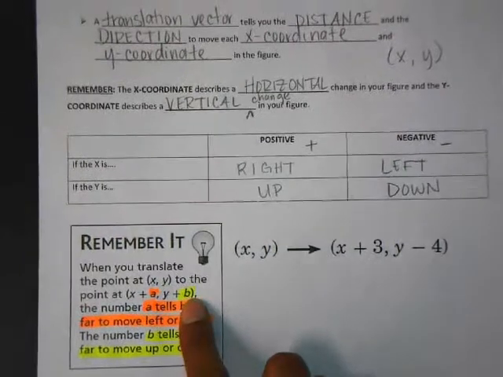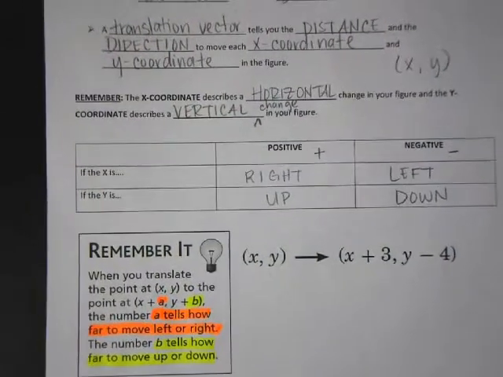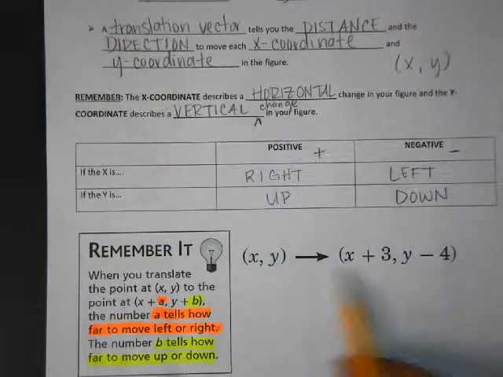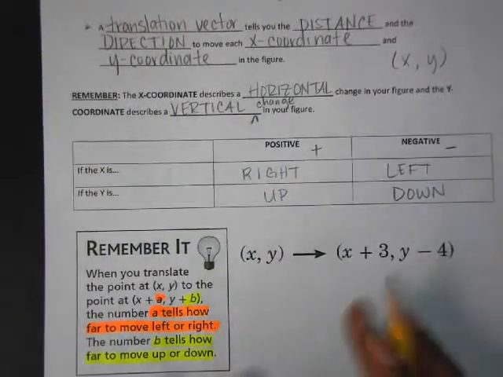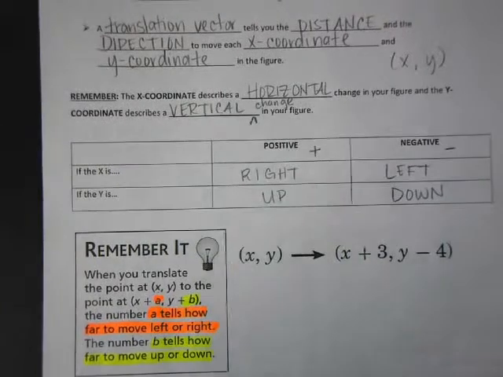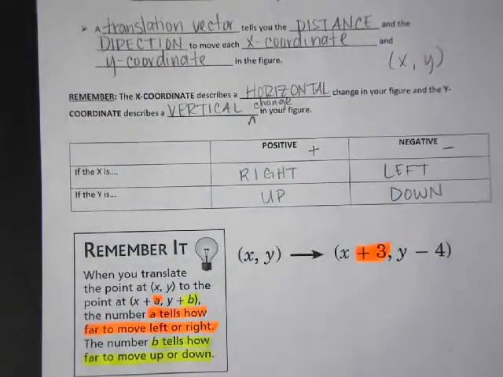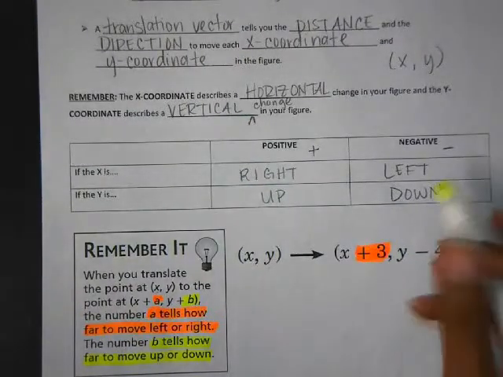Let's look at this example of a translation vector, or the rule we need to follow. This is just an example. Notice the a is right here, and it's a +3. The b is right here, and it's a -4.